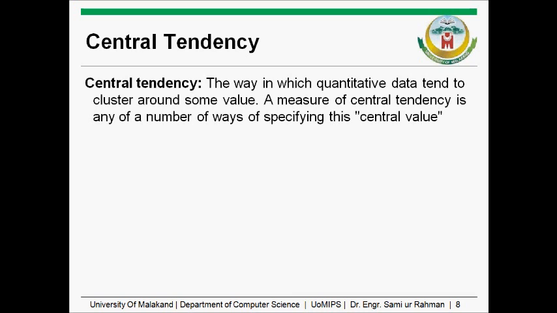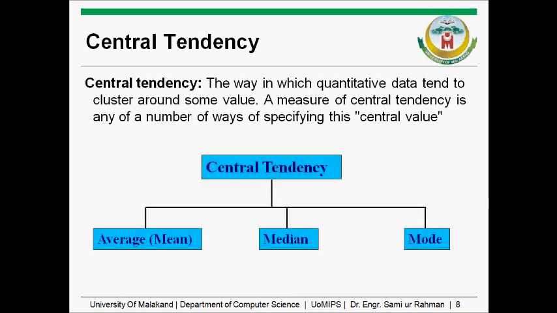What is the average of some outcome? What is the median? What is the mode? Okay. So there are three types of central tendency: one is average, one is median, and one is mode.